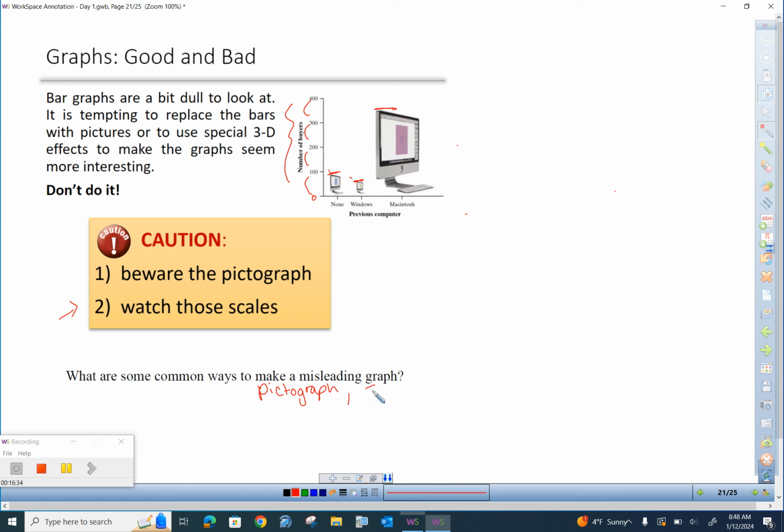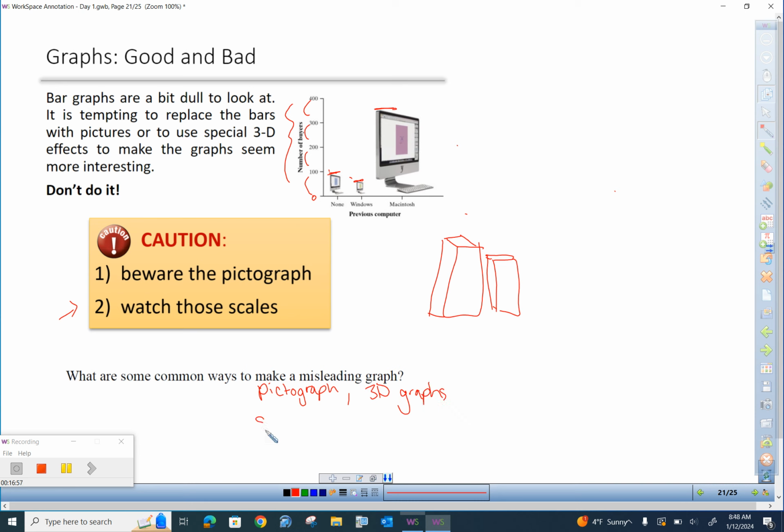If you have a 3D graph, okay, that's something where the bar graphs have 3 dimensions. A lot of times these are bad as well, because the first bar is going to look bigger just because it's in front, and then it'll skew towards that. So 3D graphs are also something to watch out for.